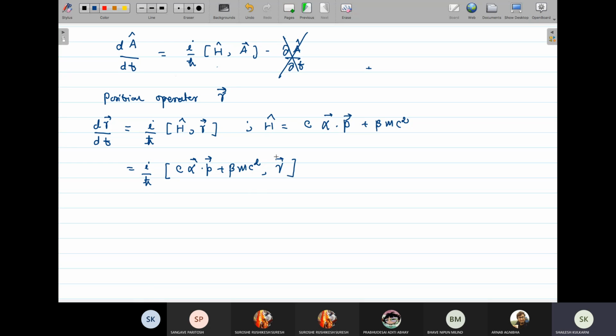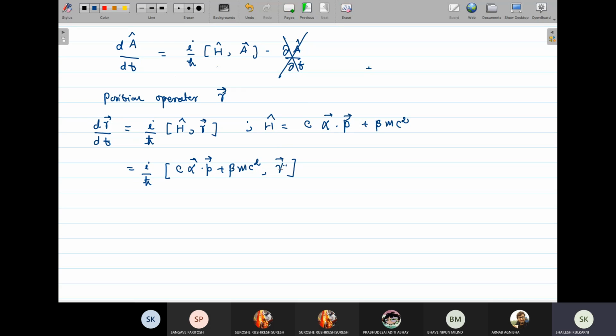Note that as far as this commutation relation is concerned, the commutation relation between p and r matters. The alphas and betas lie in a different space. They are not in your coordinate space, not in your physical space.